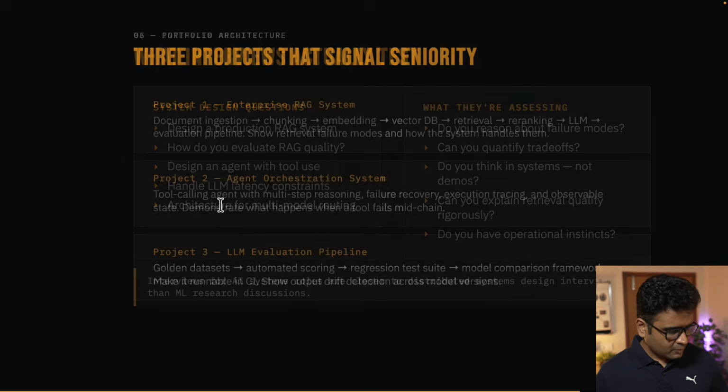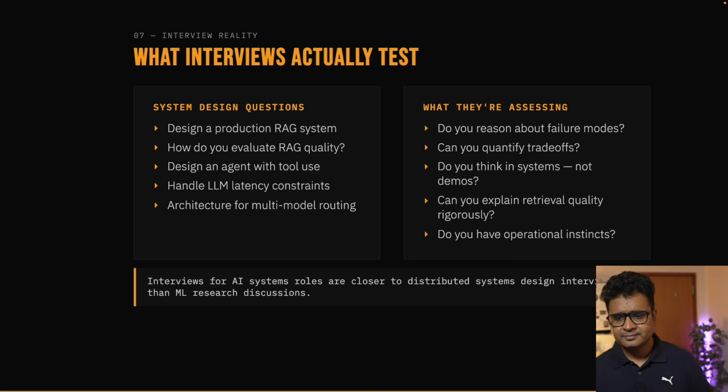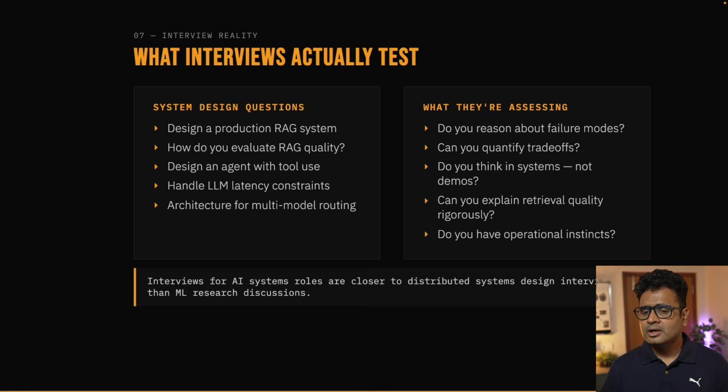Now, when you start preparing for the interviews, what do these interviews actually look like? See, when we talk about AI system interviews these days, they are actually closer to distributed system interviews than ML research. So you won't be asked to explain backpropagation these days.